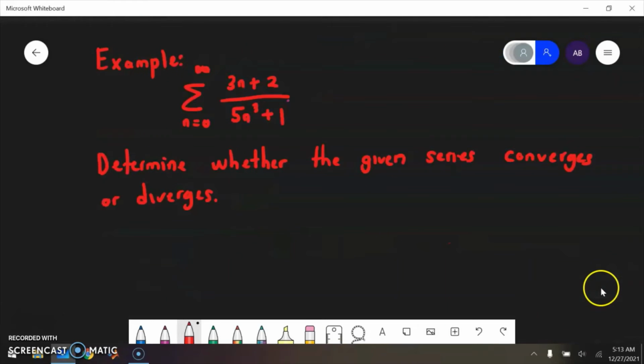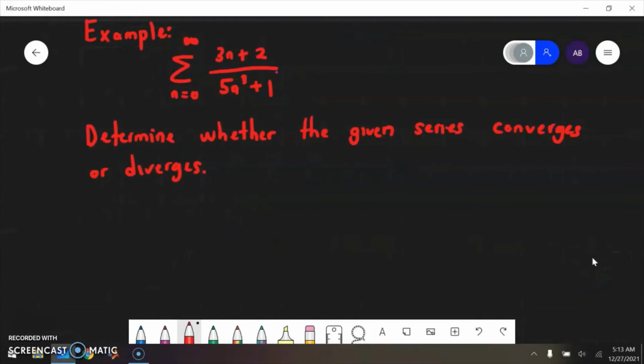Okay, so now what we want to do here is solve this. Let's say you were doing some other tests. You can actually use comparison tests or limit comparison tests to compare this, or you could do P-series tests.